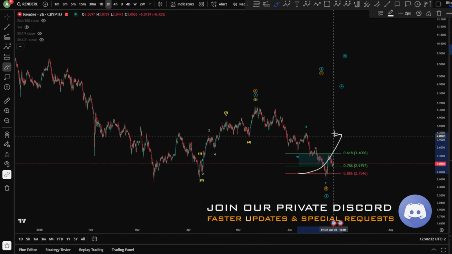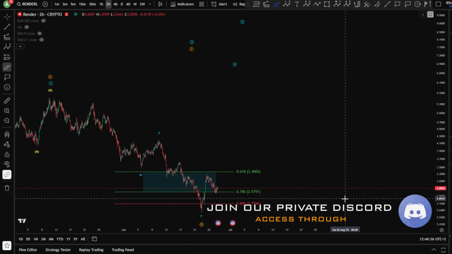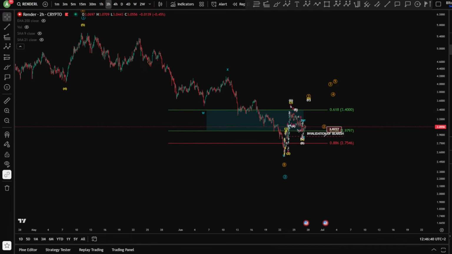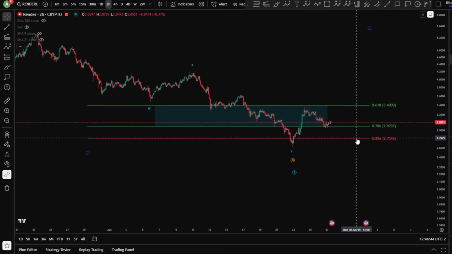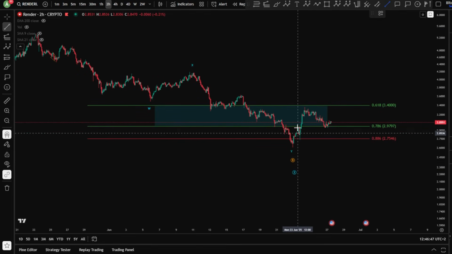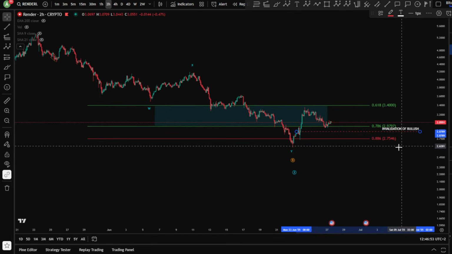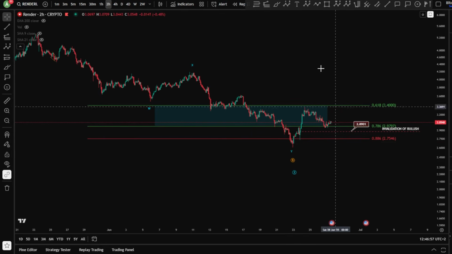So if you are bullish, it means you should not invalidate the micro level. If you remember, we had as invalidation the 2.87, right, which is the invalidation of this scenario. So be careful. I'm going to put it here again. So this is the invalidation of the bullish at 2.89 dollars.